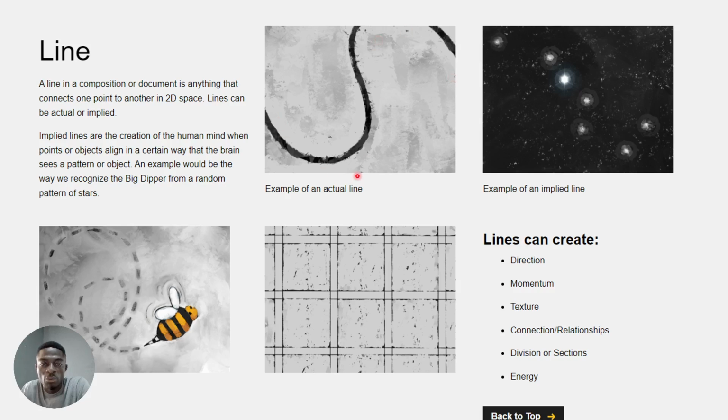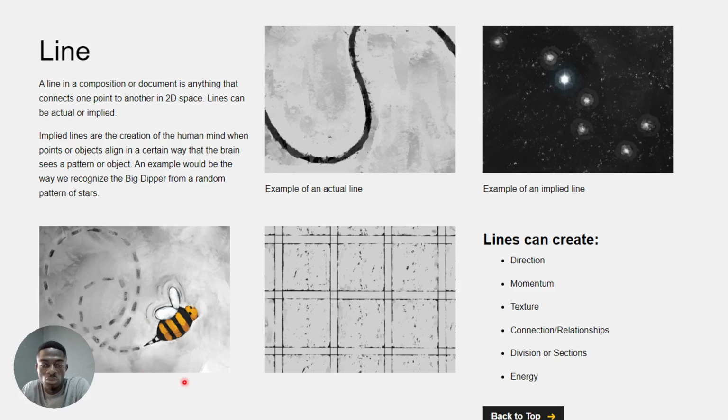And why are we learning about lines? Because they can create direction, momentum, some sort of movement. You see with this image of the bee, there's a 2D diagram. It's just 2-dimensional. We can't see behind it or above it, we can just see what we've been presented with.